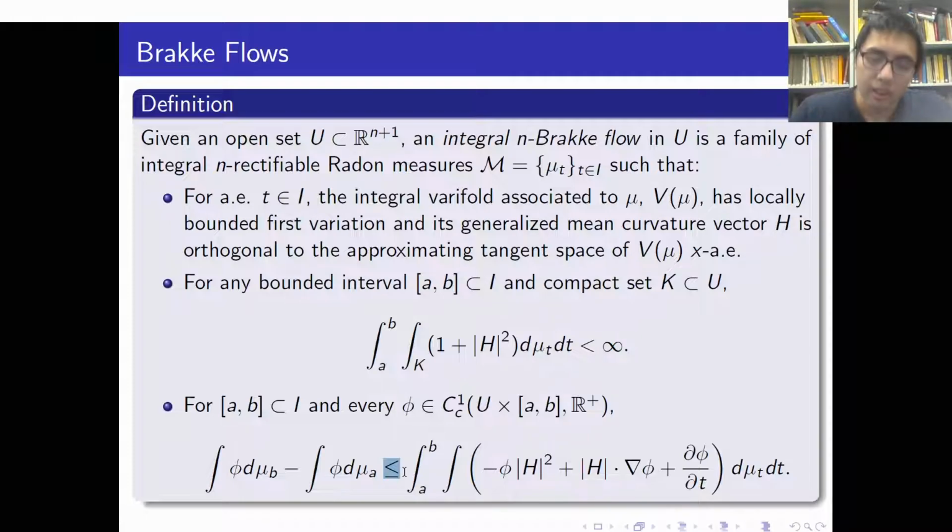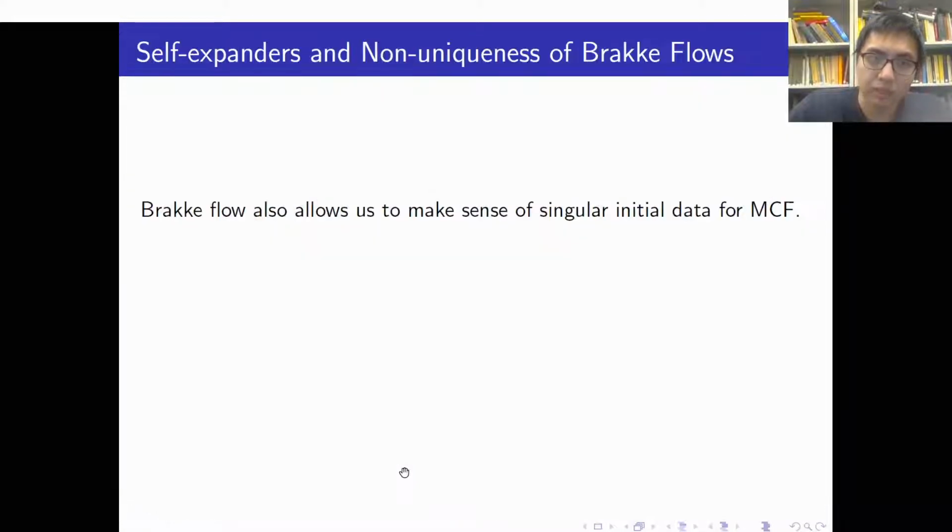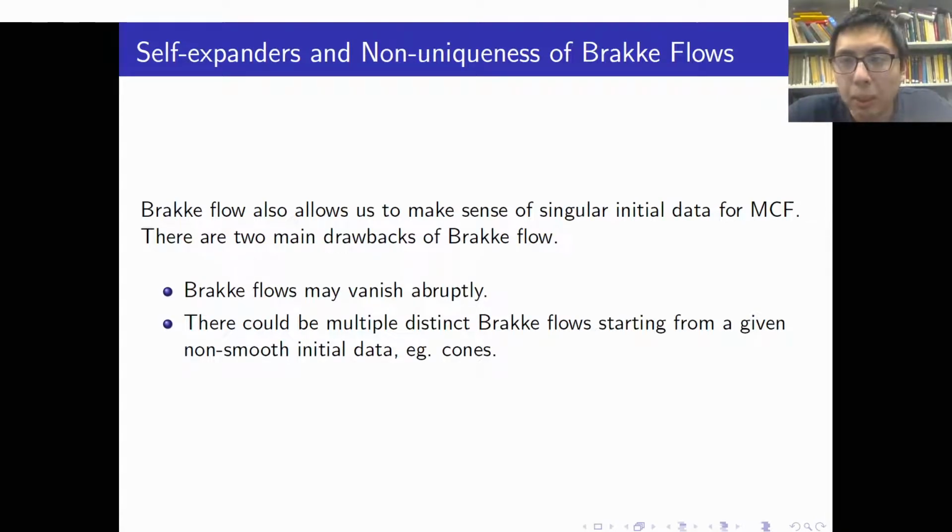Okay, so that's fine. One particular advantage is that Brakke flow allows us to make sense of singular initial states of mean curvature flow, so it allows us to speak about the evolution of cones in particular, which are singular at the origin. But obviously it's a non-smooth type of flow, and it has some drawbacks. The first drawback is that these flows may vanish abruptly, which I probably won't talk about.